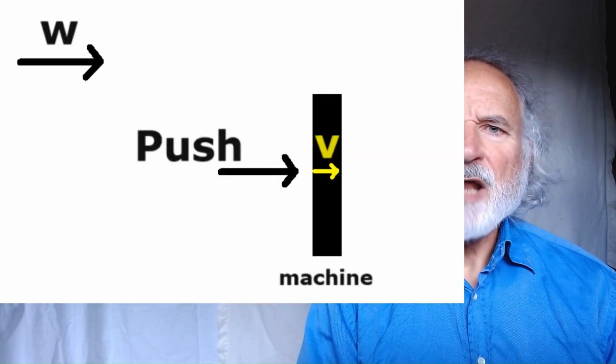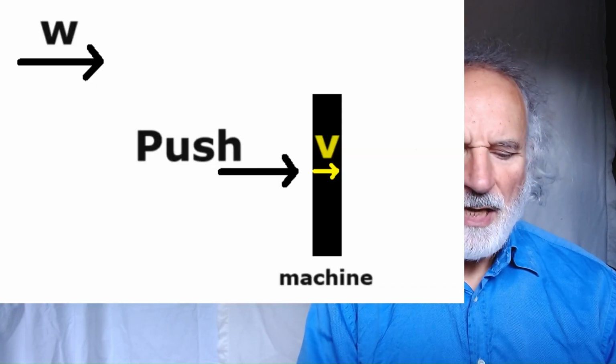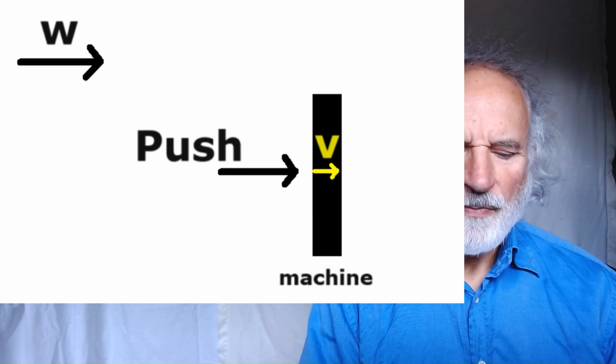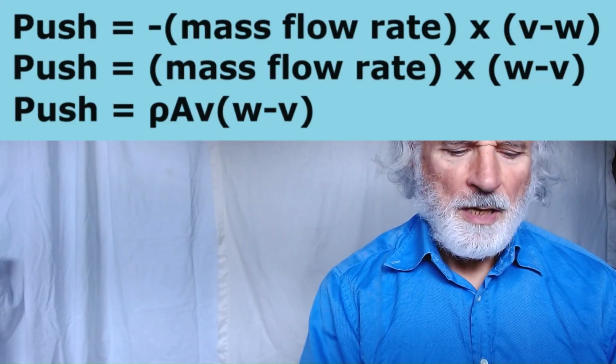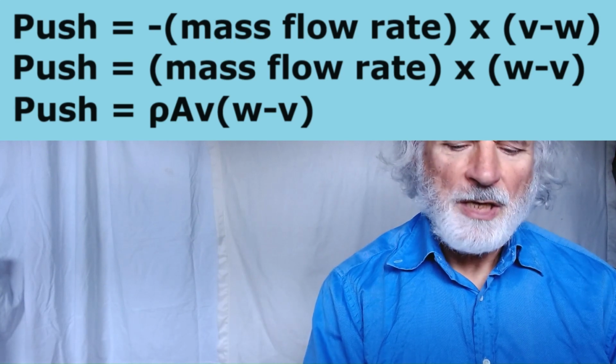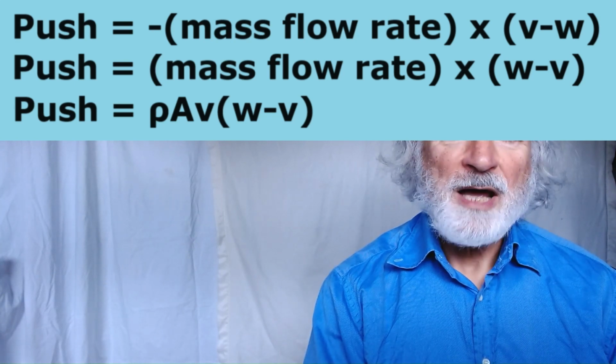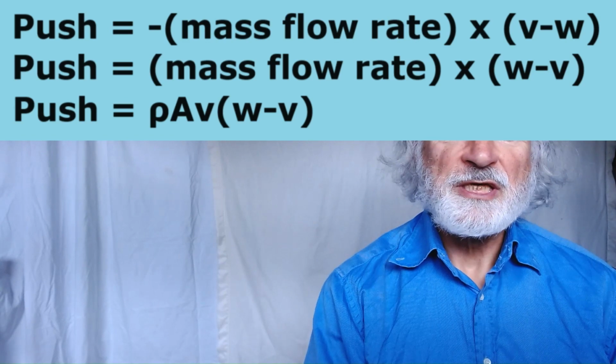In reaction to this force, the wind applies a force on the machine that I have named push. According to Newton's third law of motion, push is equal in magnitude to the force applied by the machine and is in the opposite direction.